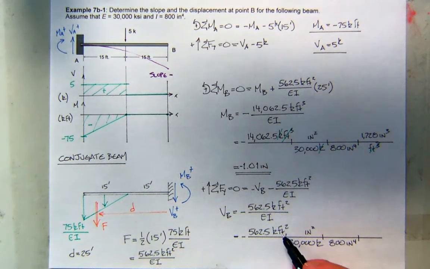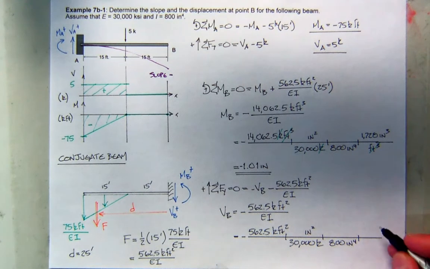But now I've got feet squared. So 12 squared is 144. So I'm going to have 144 square inches in a square foot. And if you look at all those units, they cancel out. Kips cancel kips. Square feet cancel square feet, and I got inches to the fourth at the top and inches to the fourth in the denominator. So what's that number?